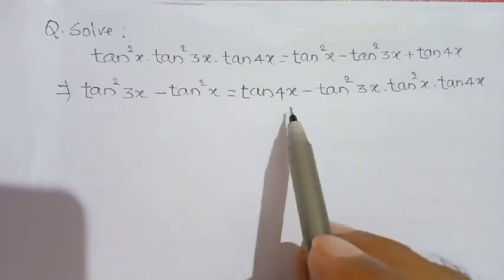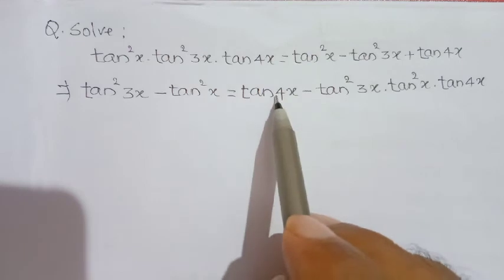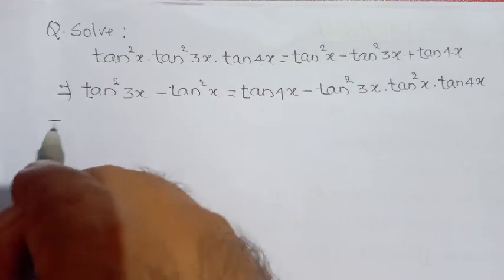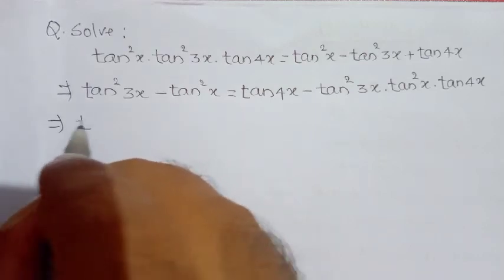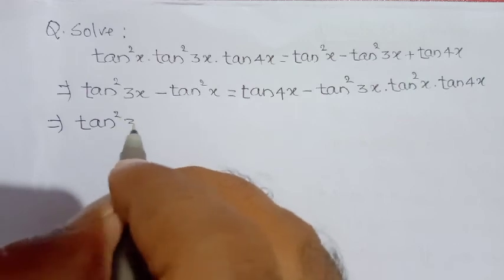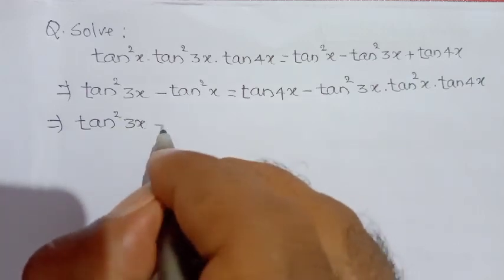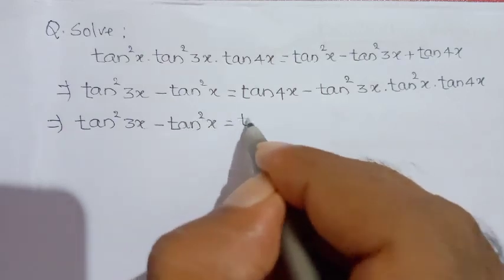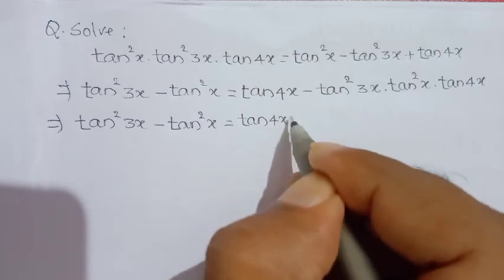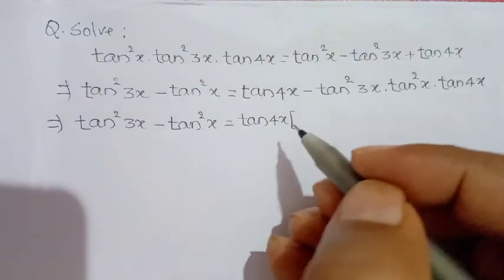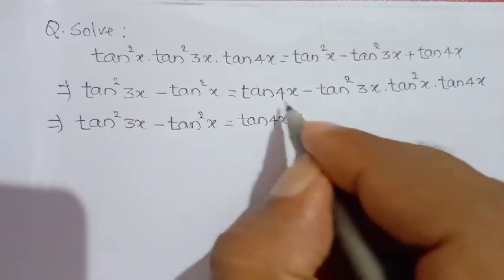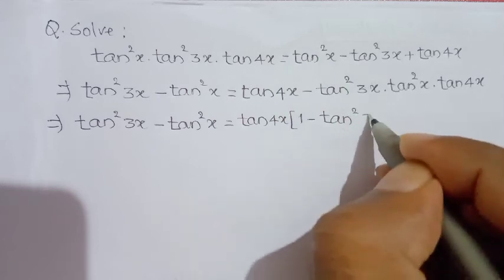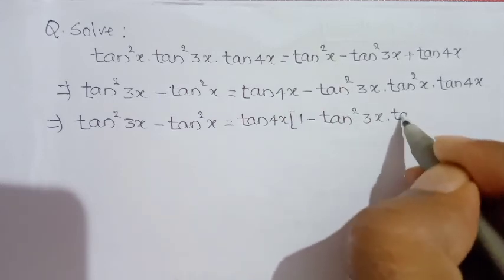In the right side terms, take out tan 4x as common. Then tan square 3x minus tan square x equals tan 4x times the bracket 1 minus tan square 3x into tan square x.